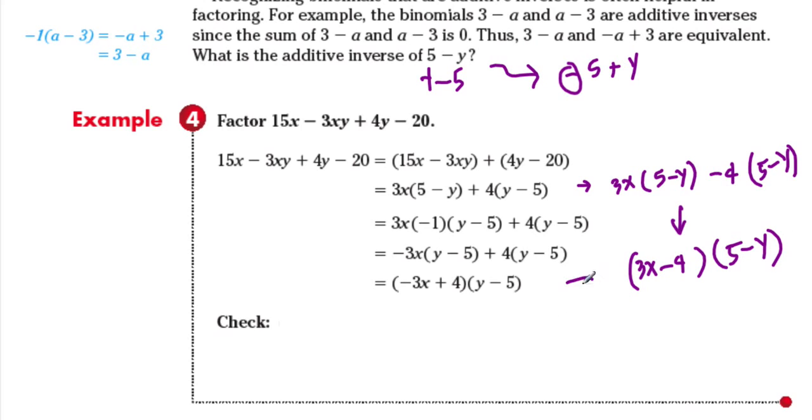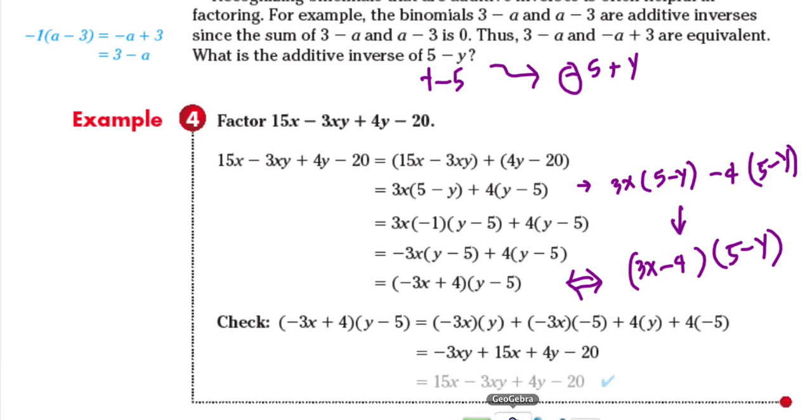Both of these are actually the same. And if you want to check, you simply use the FOIL method, and you end up with 15x minus 3xy plus 4y minus 20, and this one too will end up with the same product.